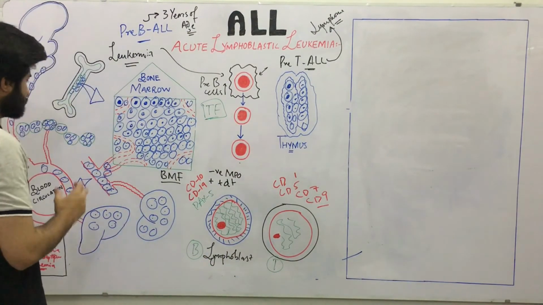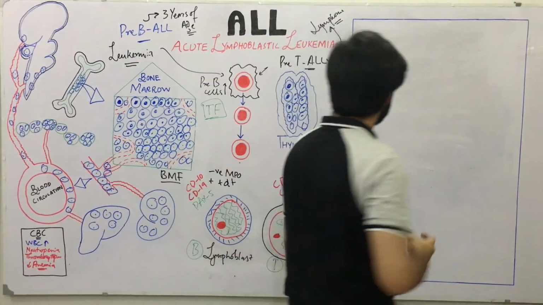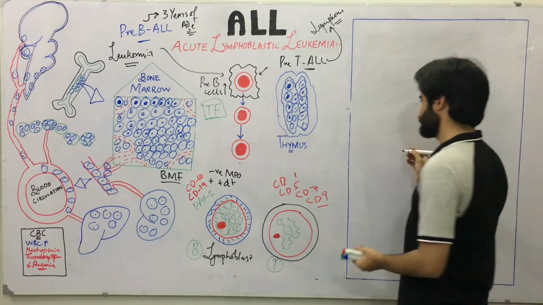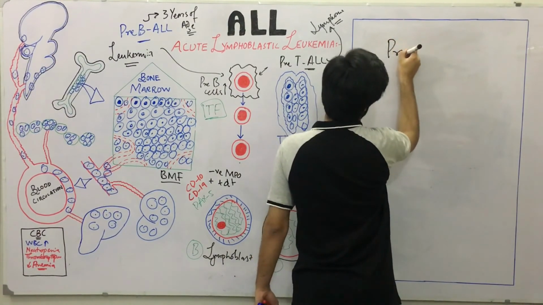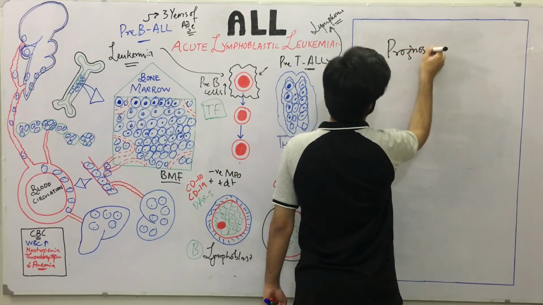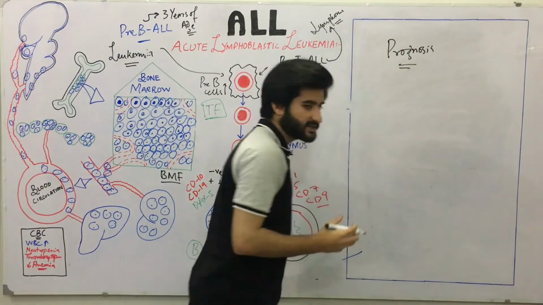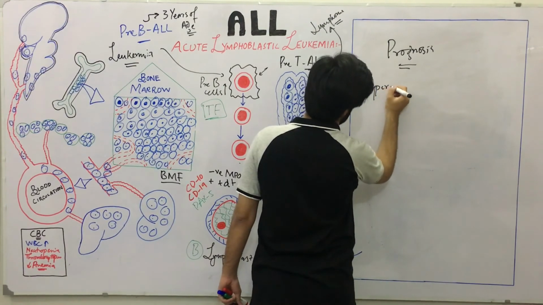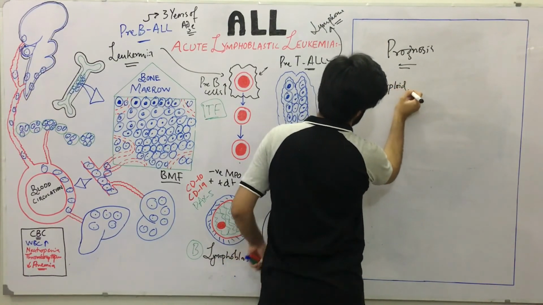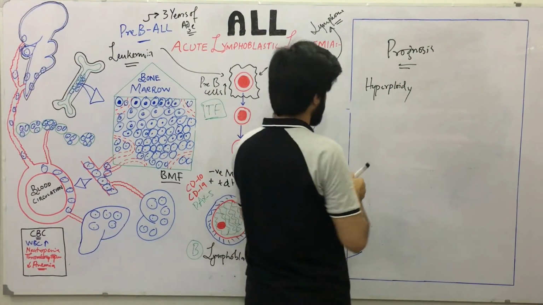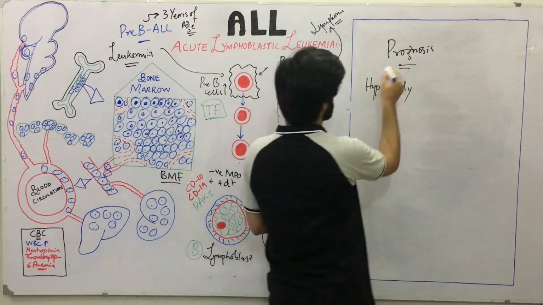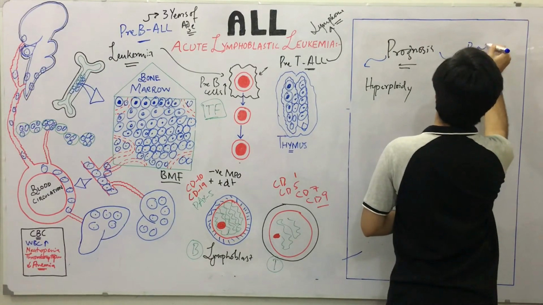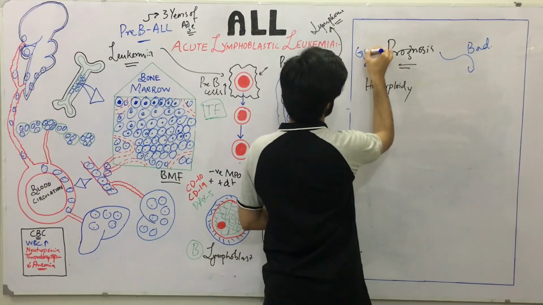So now, after this immunohistochemistry, we'll move toward the prognosis. What are certain prognostic features? I have told you some of them earlier: if there is hyperploidy, we will have a good prognosis. So we will differentiate between a bad prognosis and a good prognosis.